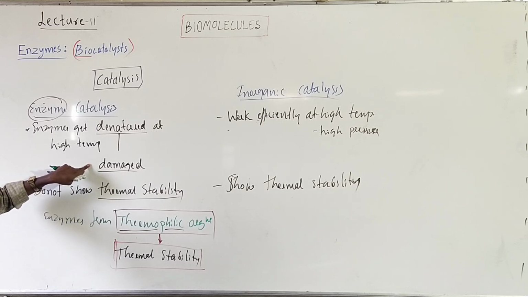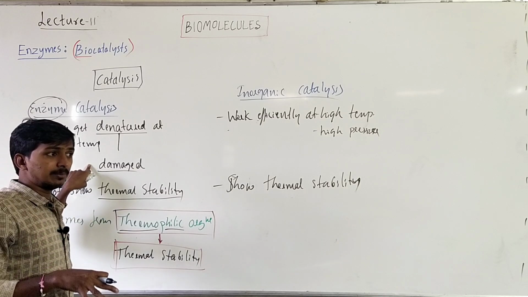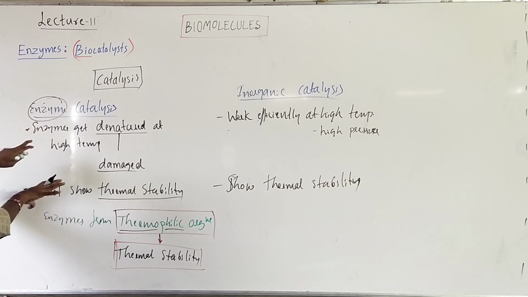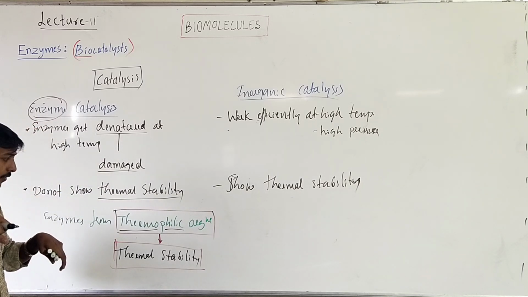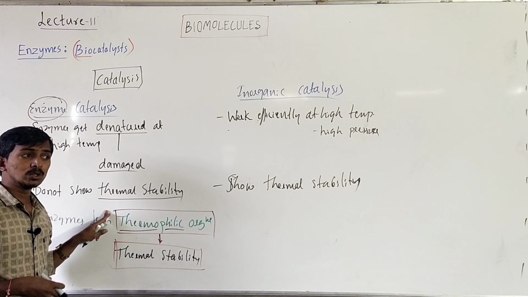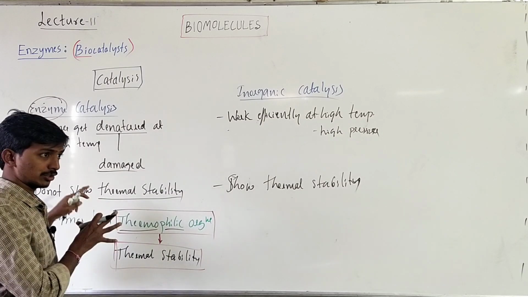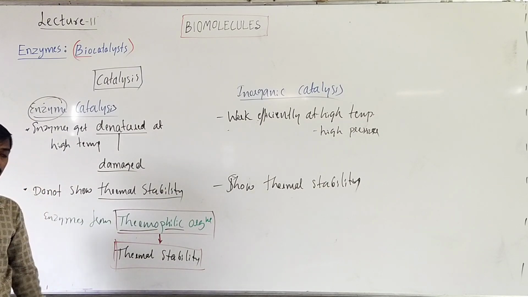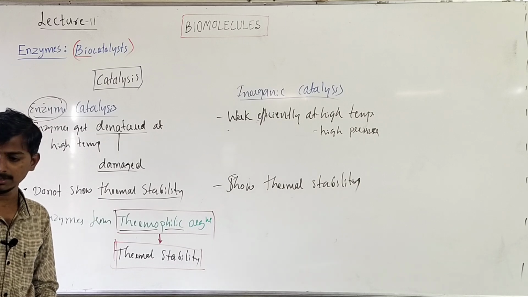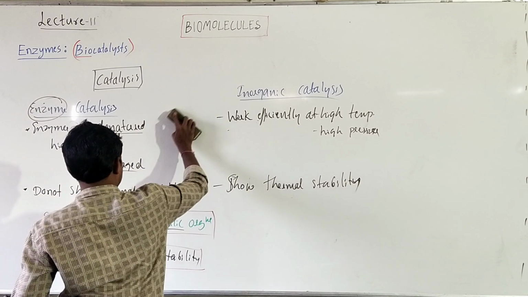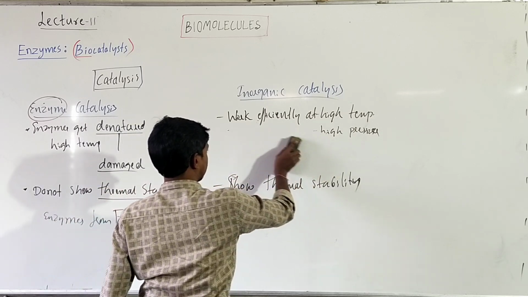Why does it get damaged? The peptide bond will be broken down due to high temperature normally. But when you extract the enzymes from thermophilic organisms, those enzymes will be thermally stable. The catalysis shows thermal stability, right? So that's about enzyme catalysis and inorganic catalysis.